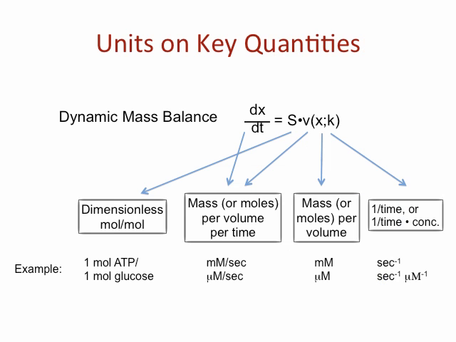The fluxes, the v's, also are mass or moles per volume per time. The concentrations x are moles per volume or mass per volume. The rate constants that we will be looking at will fall primarily into two categories. There is a first order rate constant that has the units of reciprocal time, or a bilinear rate constant that has units of reciprocal time, reciprocal concentration.